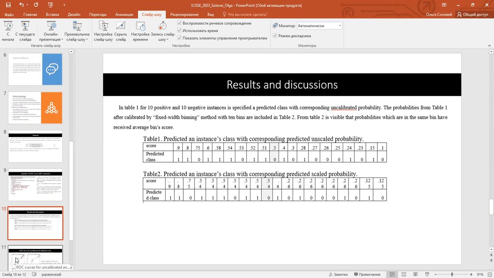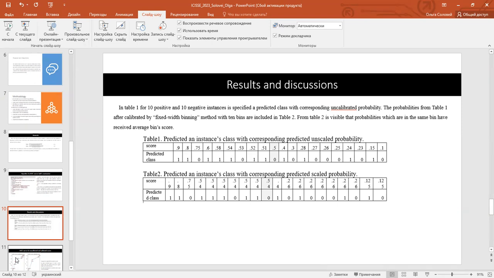Our input parameters for the experiment are presented in table 1. So for 10 positive and 10 negative instances, we specify a predicted class with corresponding uncalibrated binary probabilities. The probabilities from table 1, after being calibrated with the fixed width binning method with 10 bins, are included in table number 2.